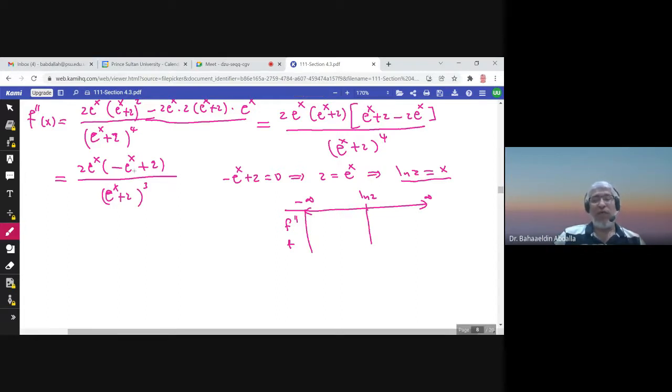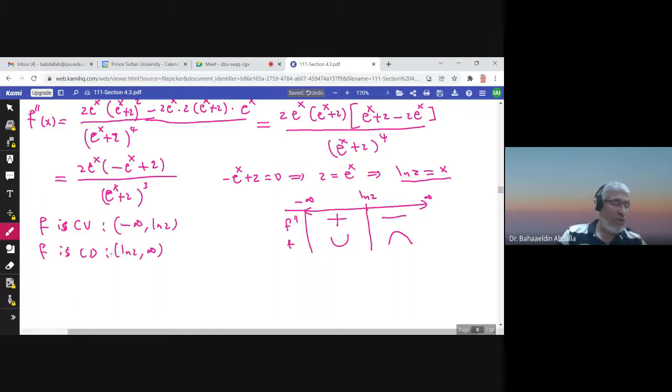If you choose 0, negative 1 plus 2, it would be positive here. But if you choose a number greater than ln 2, for example, 10, then negative e to the power 10 is negative, plus 2 it's negative. So here is concave up, here is concave down, and I have an inflection point. Let us find the intervals: concave up from negative infinity to ln 2, and concave down from ln 2 to infinity.